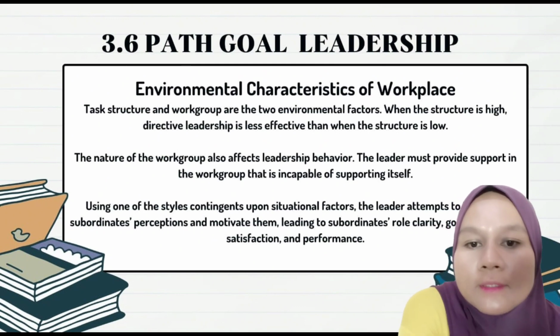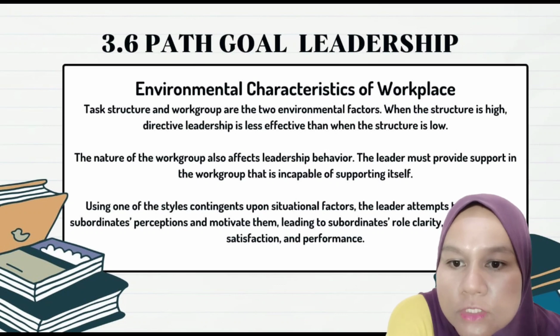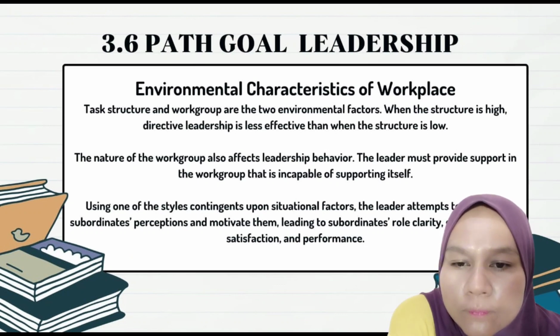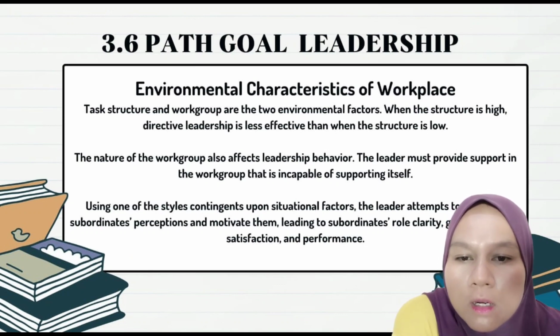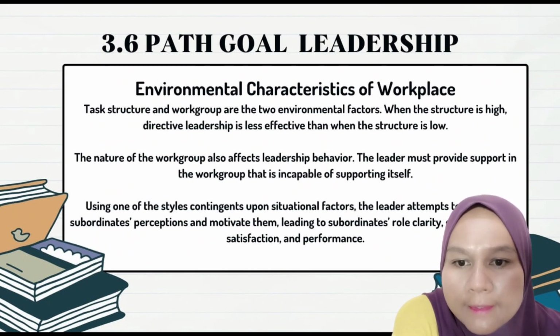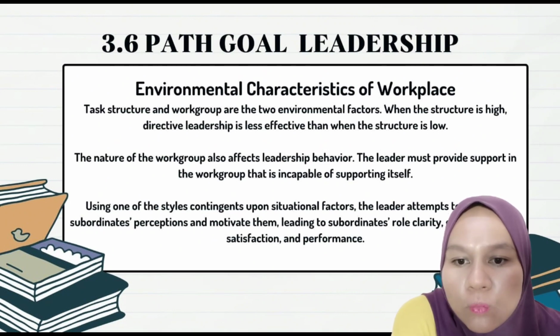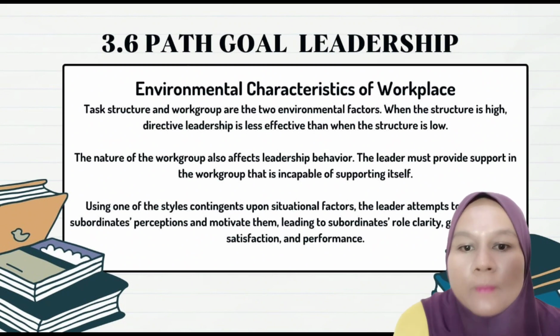Okay, environmental characteristics of the workplace: task structure and work group are the 2 environmental factors. When the structure is high, directive leadership is less effective than when the structure is low. The nature of the work group also affects the leadership behavior.